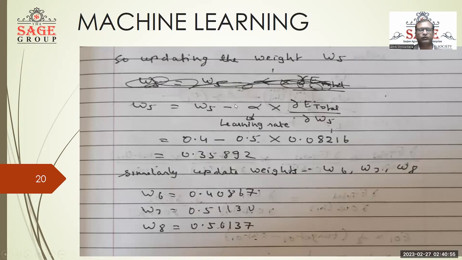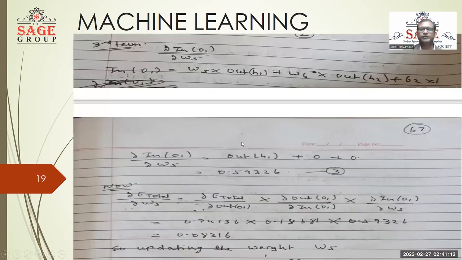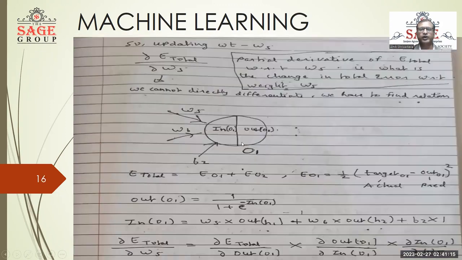W5 new will be equal to W5 old minus alpha, that is my learning rate, into del E total upon del W5. So it means I have to calculate this partial derivative of total error with respect to W5 for updating my weights, right? So let us see how we can do it.